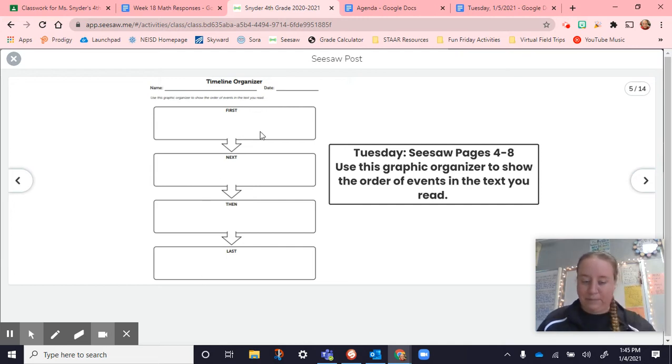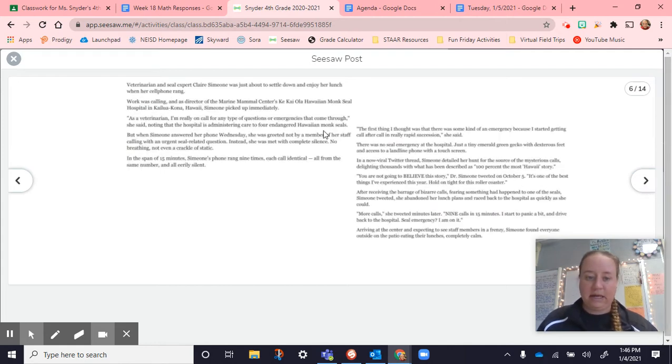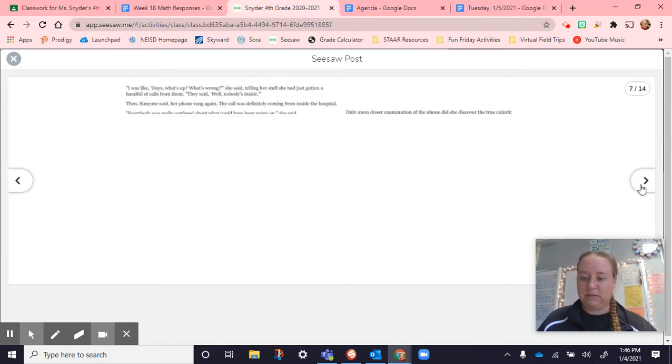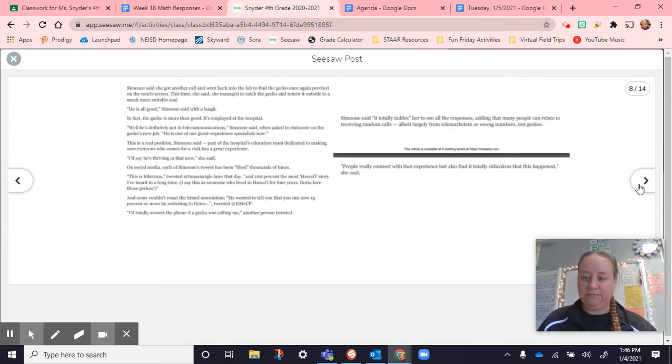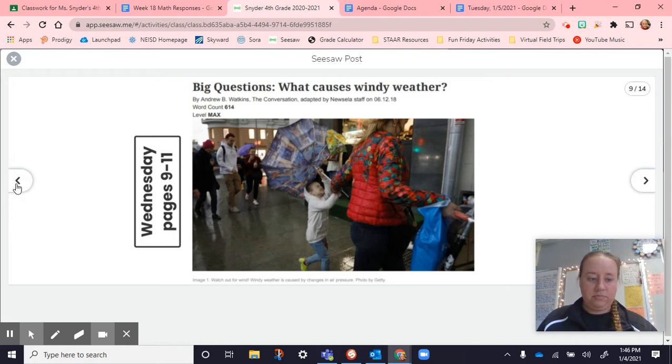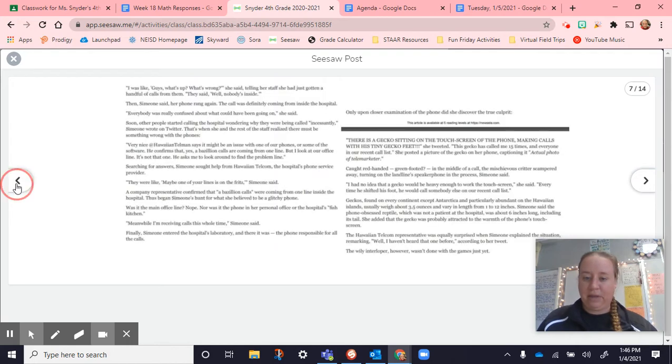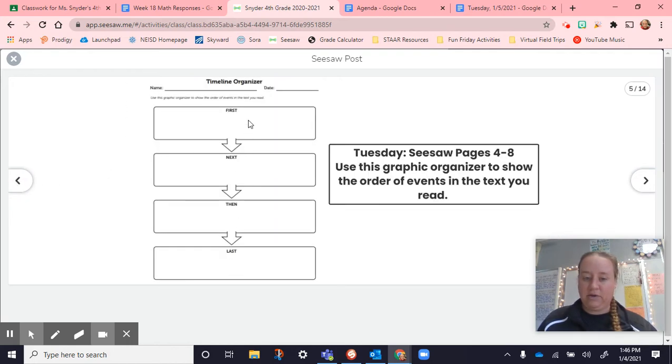First, this happened, next, this happened, then this happened, and then last, this is what happened. So you're going to use this organizer to show the events of what happens with this gecko. You're going to read pages 6, 7, 8, and then, too far. So stop at 8, and then once you've read it, go back in and you can fill in your organizer here.